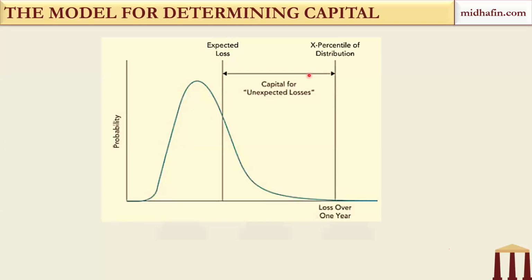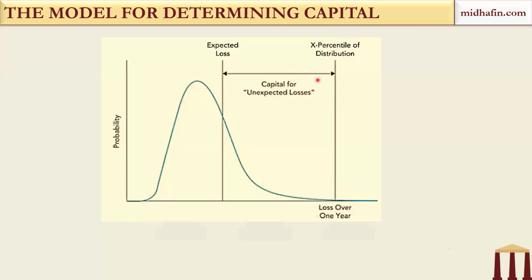But of course, unexpected losses are not accounted for in the cost of doing business. Now, this is where the bank has to keep that extra capital as the buffer capital, you can say. For example, if this loss level hits, then what capital does the bank need to absorb that loss?